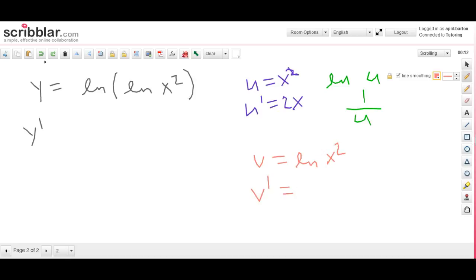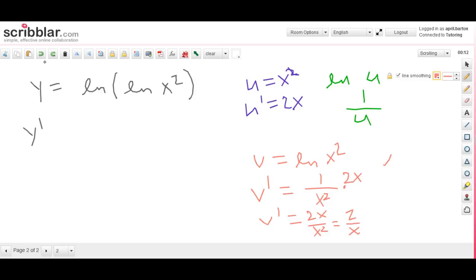So v prime here is chain rule. Derivative of the outside, 1 over u, evaluated at the inside, which was x squared, times the derivative of the inside, so times 2x. If we simplify, we have 2x over x squared, which would just give you 2 over x.